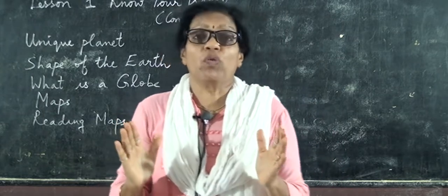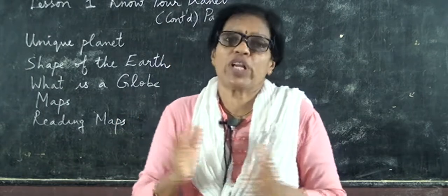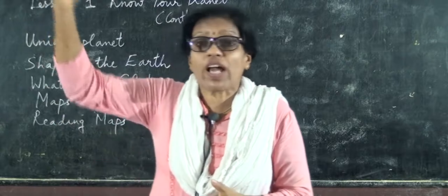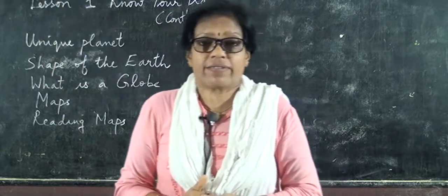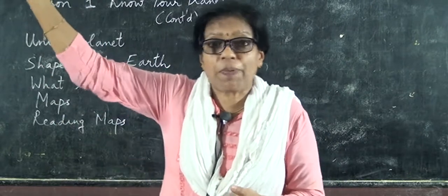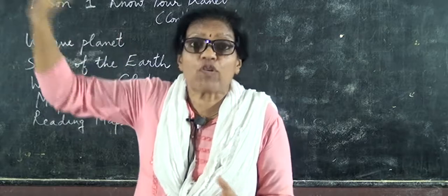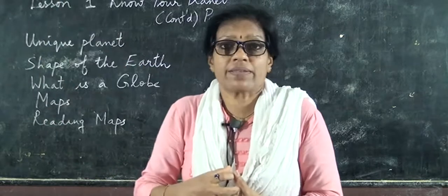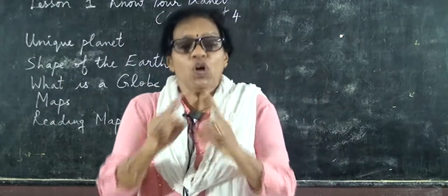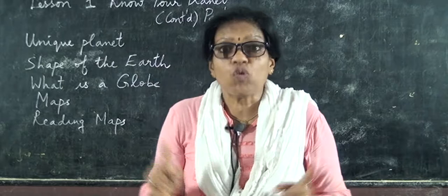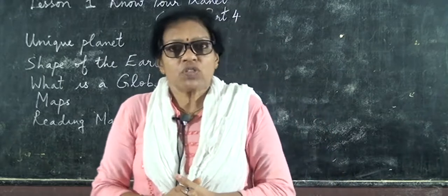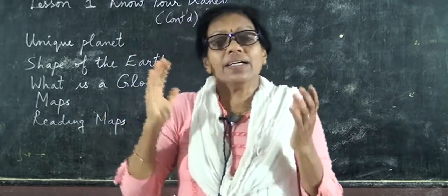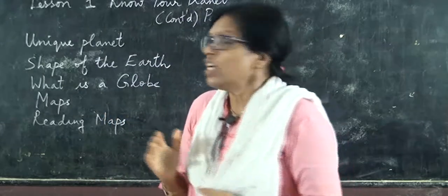So he proved that the earth is round in shape. Also photographs taken from space, by artificial satellites and all, show the earth. In that photograph also, what did they find? Round shape, spherical shape. So in this way we knew that the earth is spherical in shape.